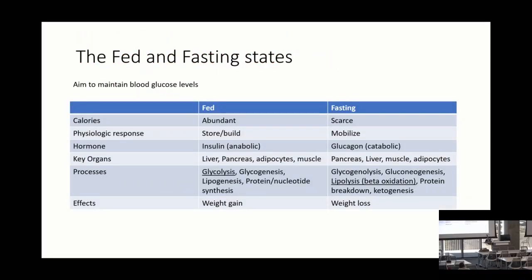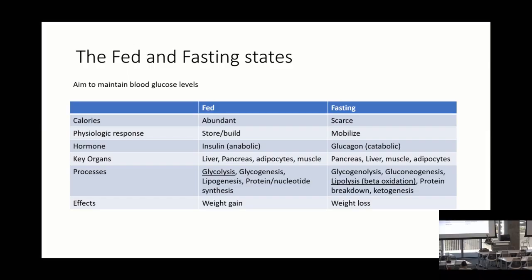To summarize insulin and glucagon, think about the fed and the fasting state. It's always interesting to compare the two. The aim of the two, insulin and glucagon, is to maintain blood glucose levels within a normal range. When we are fed, there are a lot of calories, and the physiologic response is to build and store the calories.